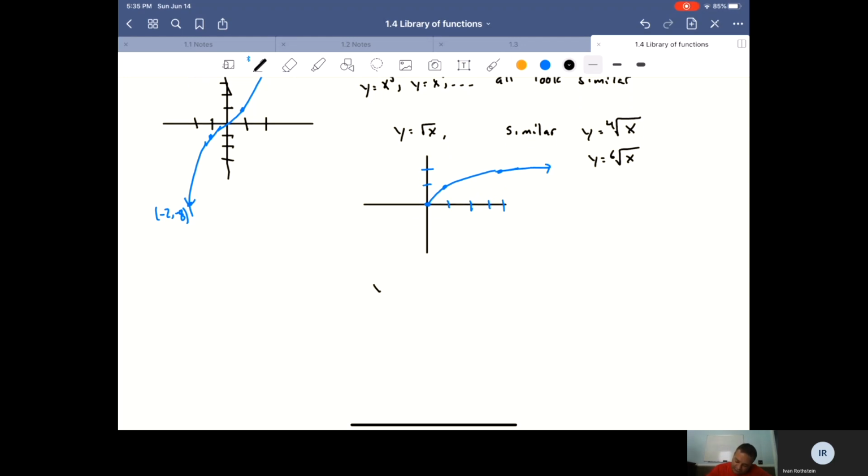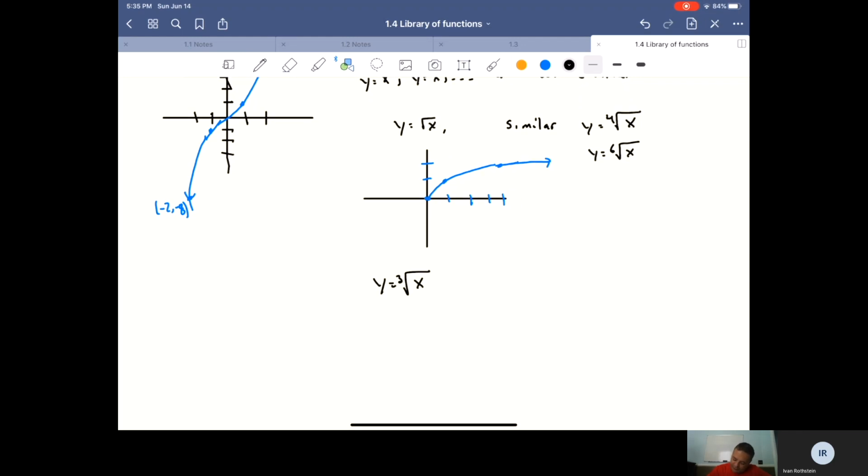Next, y equals the cube root of x. Okay. Y equals the cube root of x. So now, 1, 1 is on there. What is the cube root of negative 1? Negative 1.